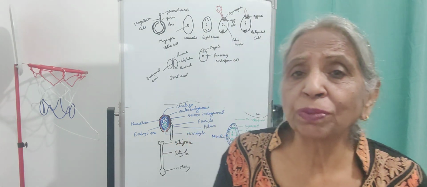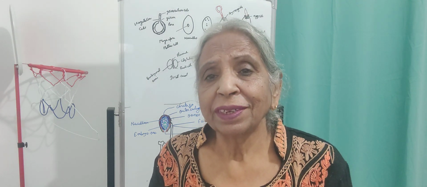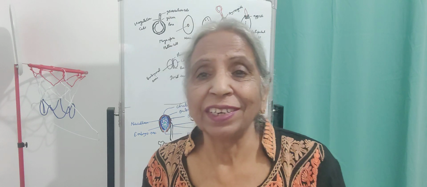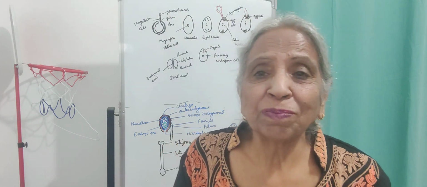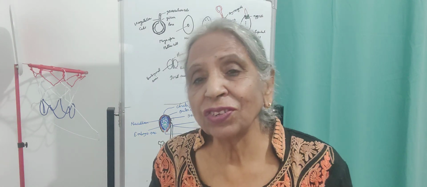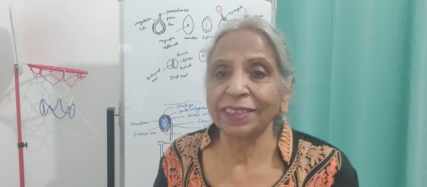So how is it possible? The most prevalent method is apomixis. Apomictic seeds are those which are formed without fertilization. When the hybrid seeds are formed, then in the next generation, with apomictic seeds, there is no fertilization and plants are raised.